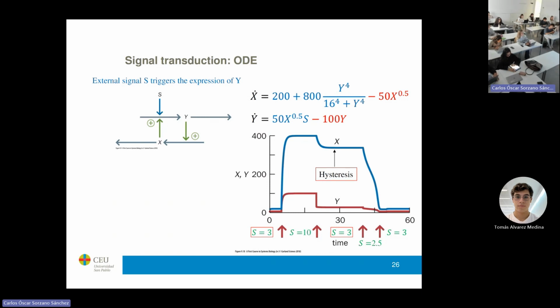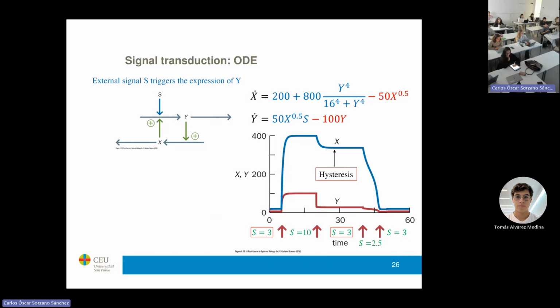This behavior, in which you are at some level, you go up, and then when you go down in the input, the state of the system doesn't go down to the same level as before, is called hysteresis.